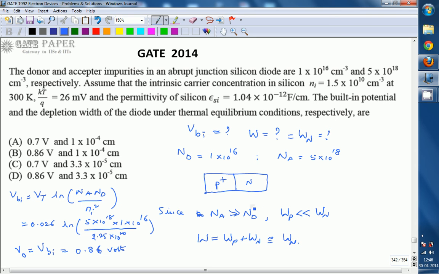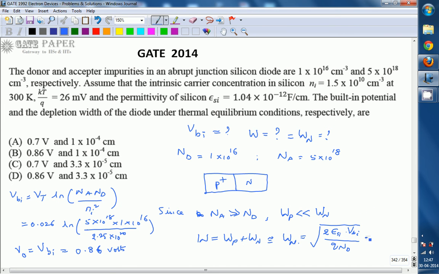The width of the depletion region W is Wn, which for an abrupt p-n junction is the square root of 2 epsilon of silicon into VBI divided by q Nd. Here 2 is constant, epsilon silicon is 1.04 into 10 power minus 12, VBI we just calculated as 0.86, q is 1.6 into 10 power minus 19, and Nd is 1 into 10 power 16.